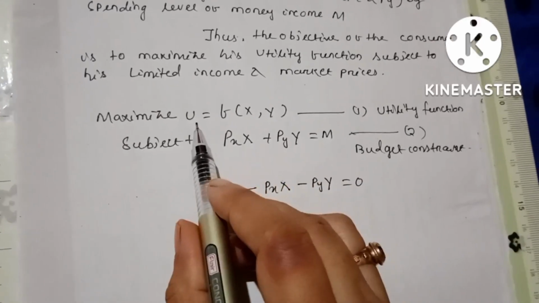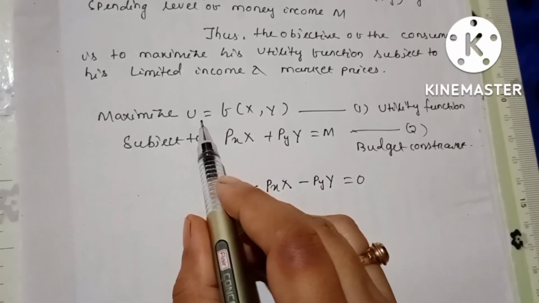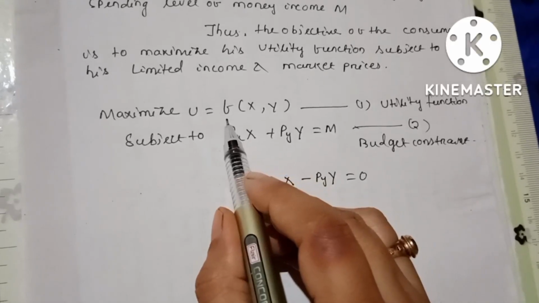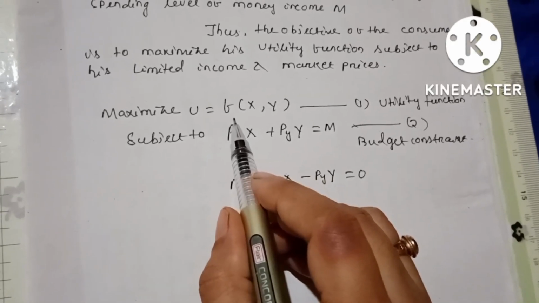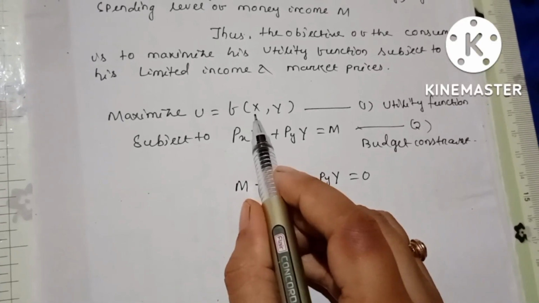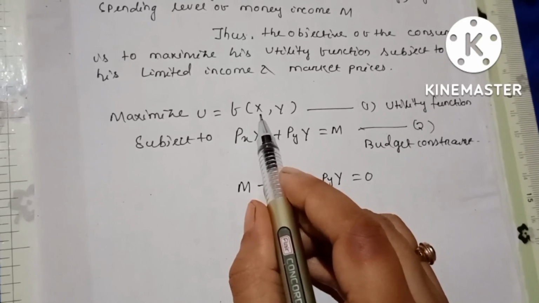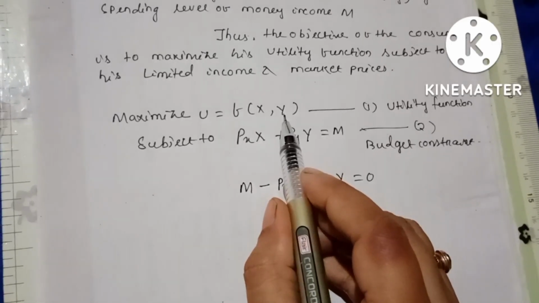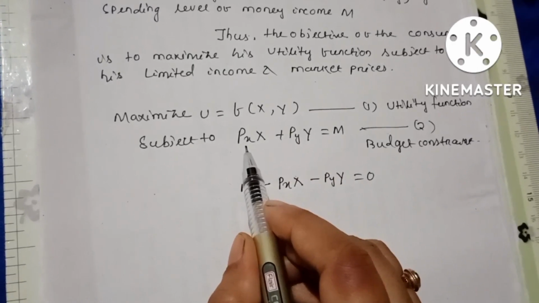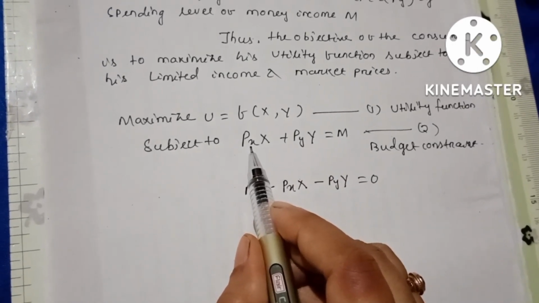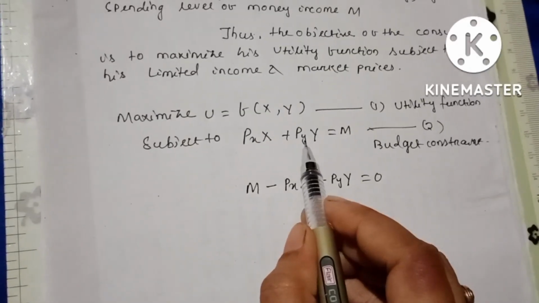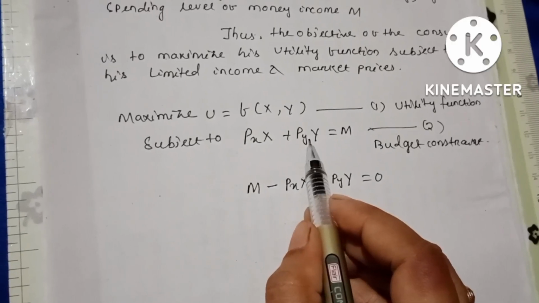Here, u represents the level of utility, f represents the functional relationship, x is the quantity of good x, and y is the quantity of good y. px is the price of good x, and py is the price of good y.